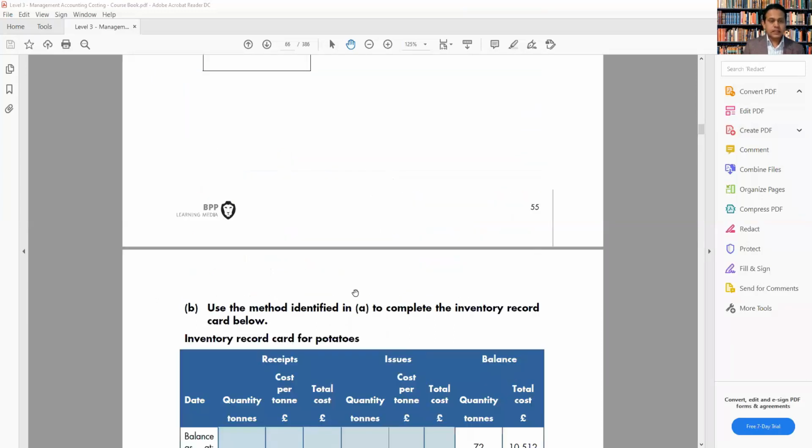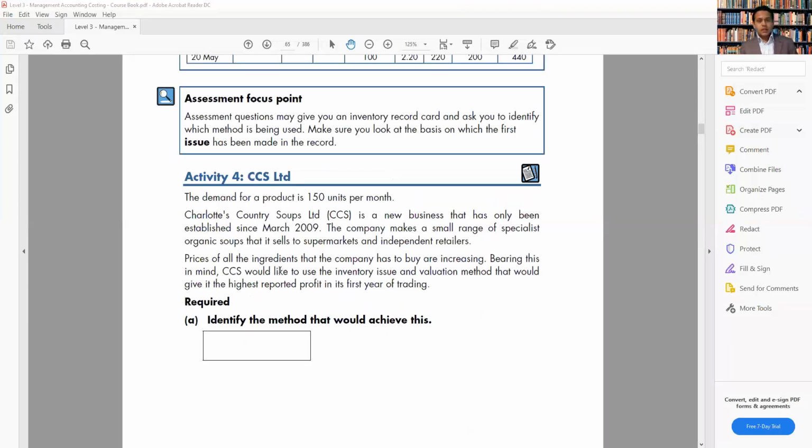Okay, so let's read this question here. It says the demand for a product is 150 units per month. This is the company CCS Limited. The demand for a product is 150 units per month. CCS Limited is a new business that has only been established since March 2009.